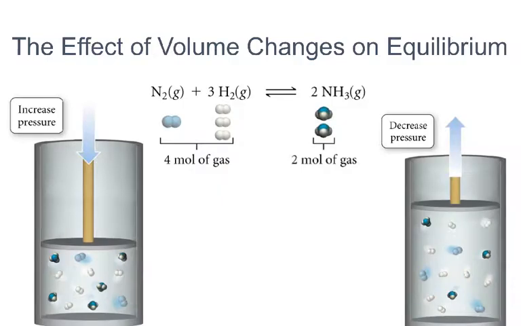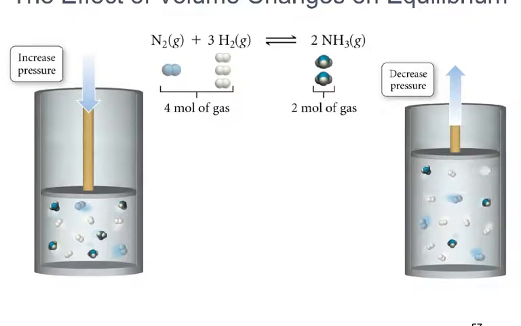Here's a picture for you. If we have nitrogen and hydrogen, we have 4 moles of gas on our reactant side, 2 moles of gas on our product side. So if we increase our pressure by lowering our volume, we're going to shift our equilibrium to the side that has fewer moles of gas to reestablish equilibrium and counteract what we did.